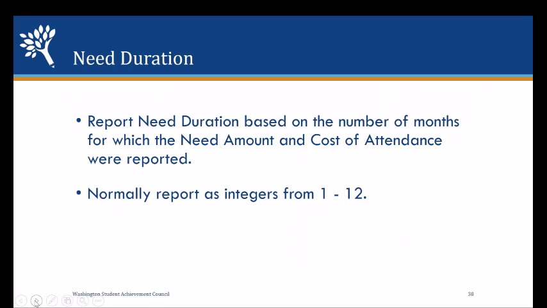You can, but it's not required. If you do adjust any of those components, we want you to adjust them all. If you adjust one, adjust all. We want to be consistent for the period of time that the student is in attendance and for what you adjust budget and cost to.